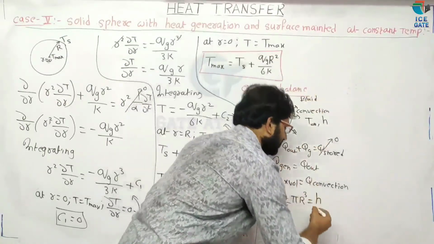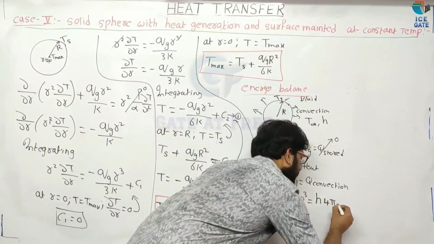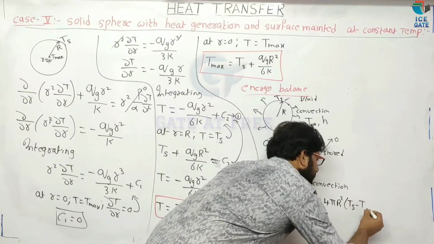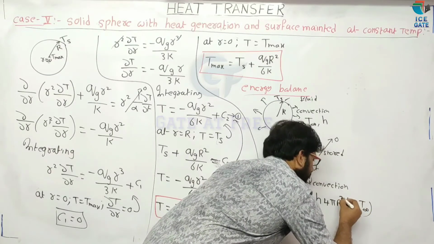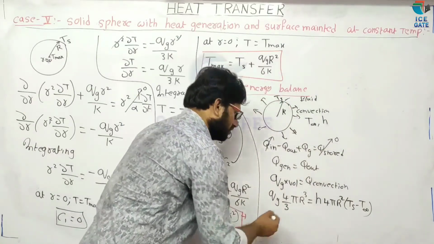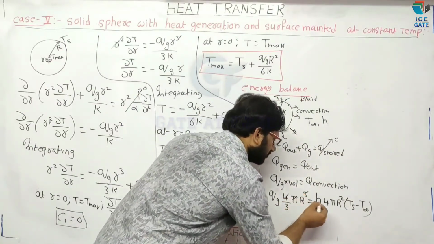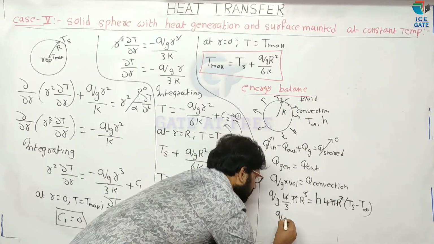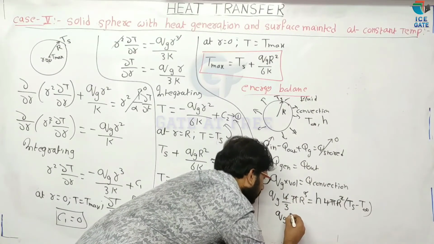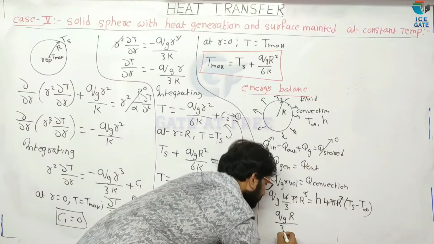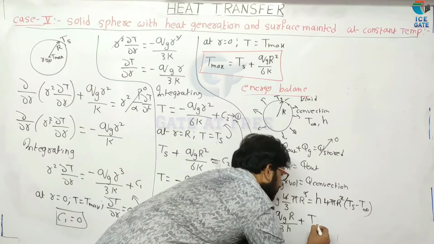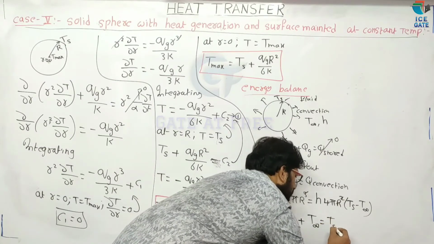What is the surface area of a sphere? 4π r² into ΔT, that is Ts minus T infinity. Now 4π r³ over 4π r², therefore qg r/3h plus T infinity is equal to Ts.